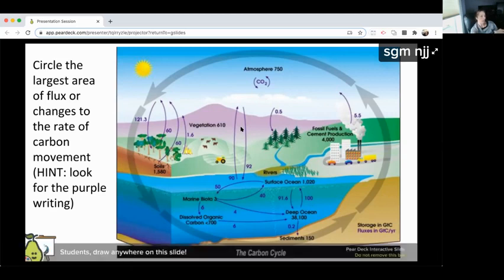Oh, some of you are circling. I'm waiting for some of you to mess around with this feature and see if you can annotate and draw things. So go and look for where the flux number is the largest. Find the purple numbers on the arrows themselves.